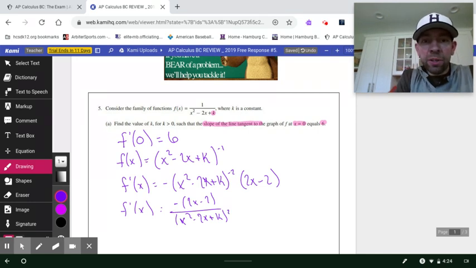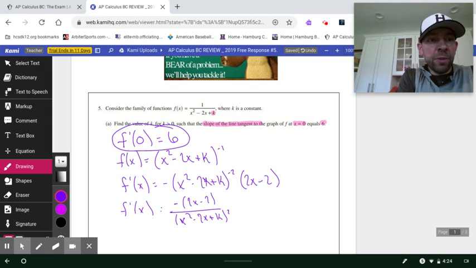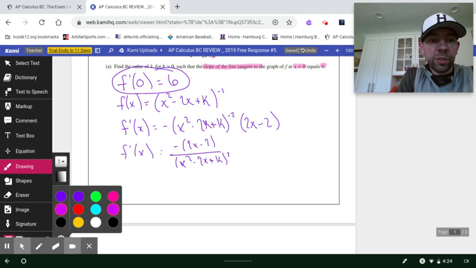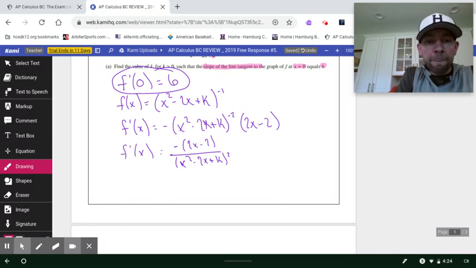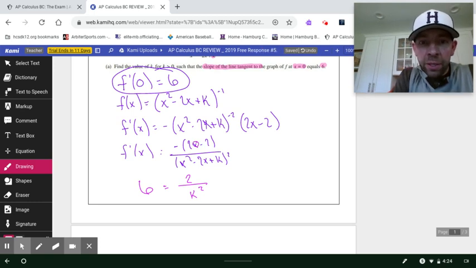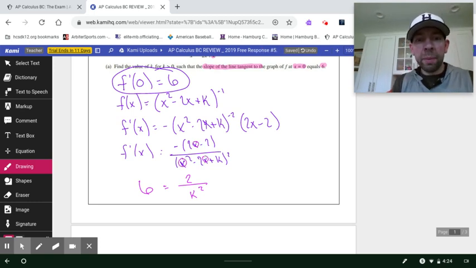Okay, now it's all going back to this condition right here. Let's say I substitute a 0 for that x. Switch colors here real quick. So if I substitute a 0, the answer should be 6. All I did is plug in a 0 here, here, here. Real quick mental math, all of those terms basically evaporate.